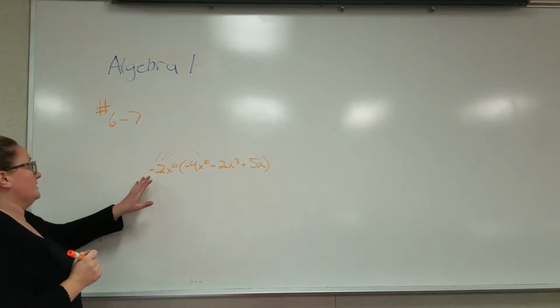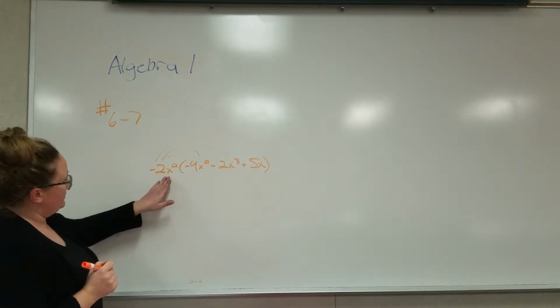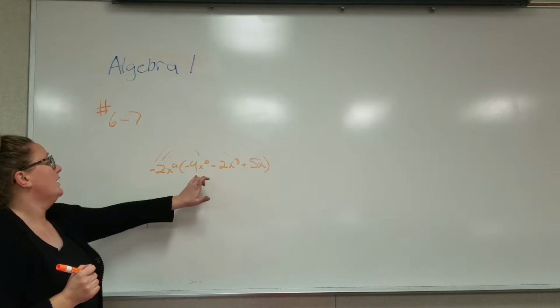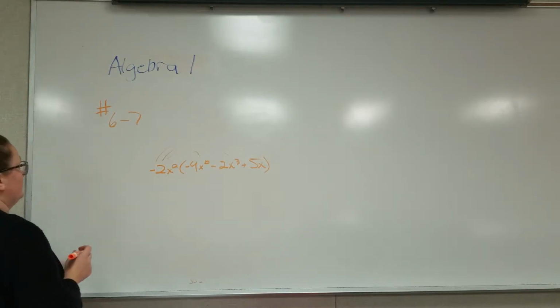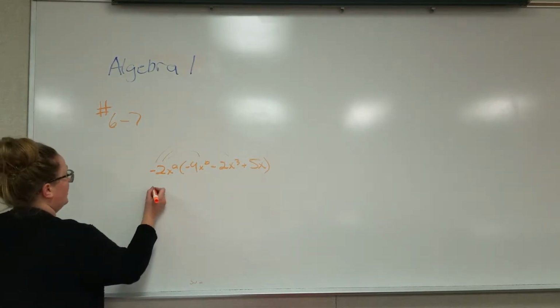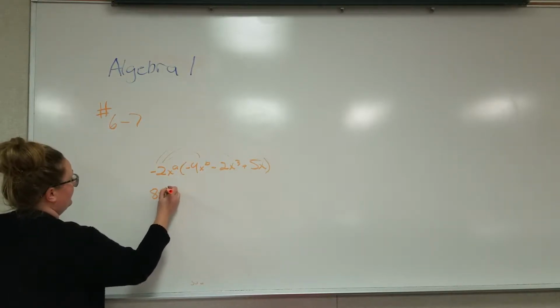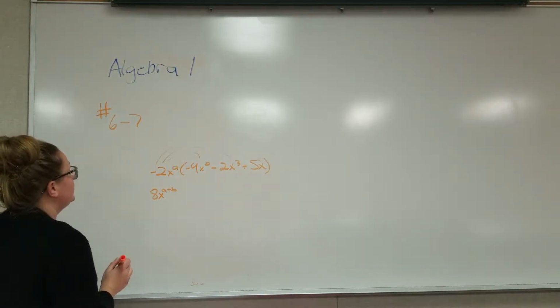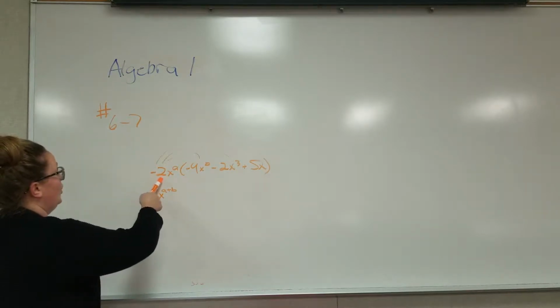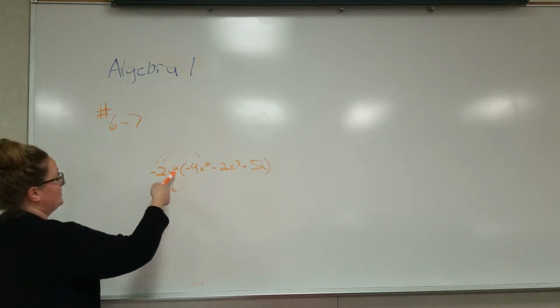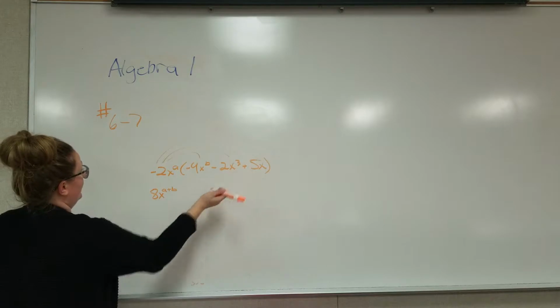So the first term is negative 2x to the power of a times negative 4x to the power of b. And so negative 2 times negative 4 is actually a positive 8. And then it's going to be x to the power of a plus b, right? Second, we're going to do negative 2x to the power of a times negative 2x to the power of 3.